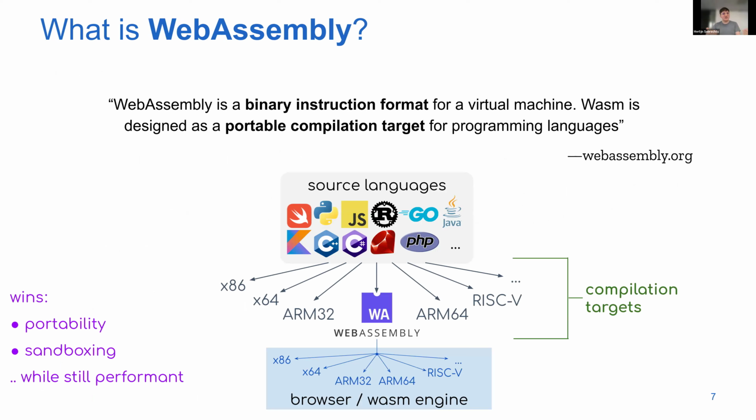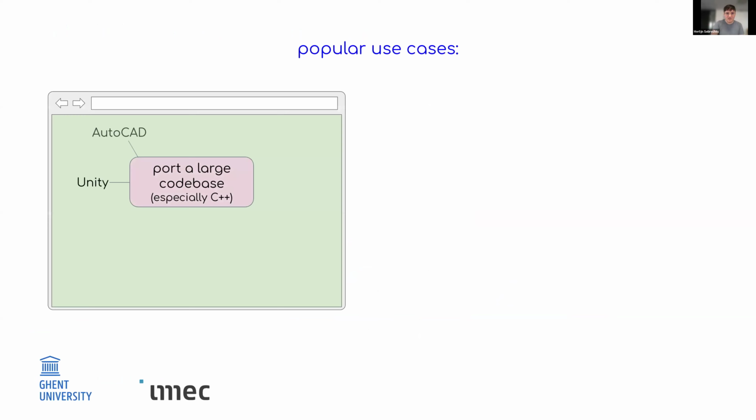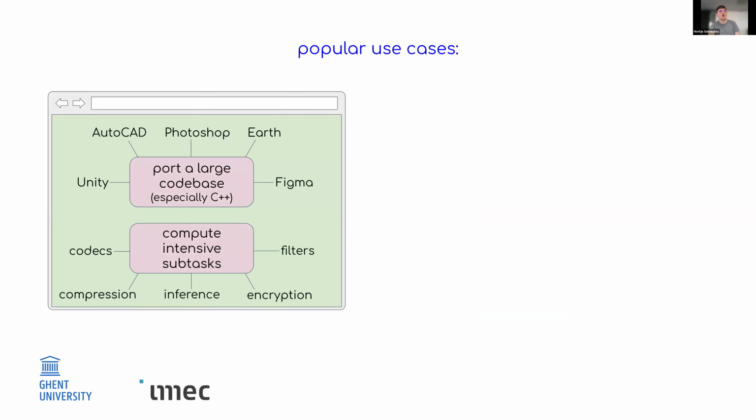And then instead of compiling to x86, you compile it to WebAssembly, and then you can run it inside of any WebAssembly runtime, be it a browser or a cloud native or an Edge runtime. So you have a lot of popular use cases already, where it's already used: Unity, AutoCAD, Photoshop, Google Earth, a lot of websites, a lot of IoT devices.